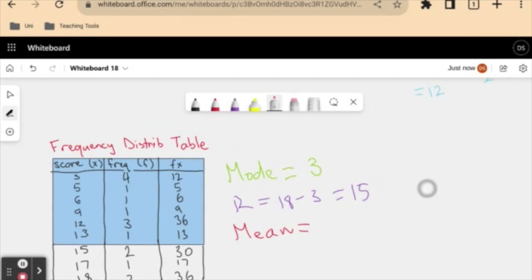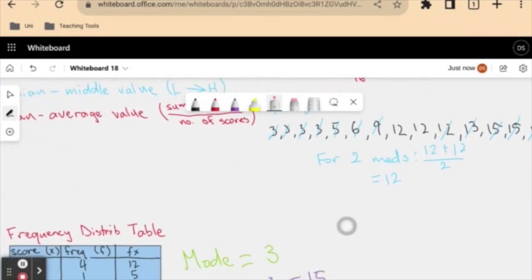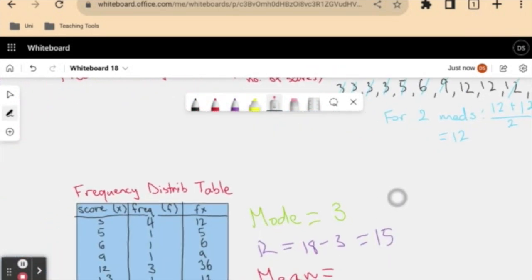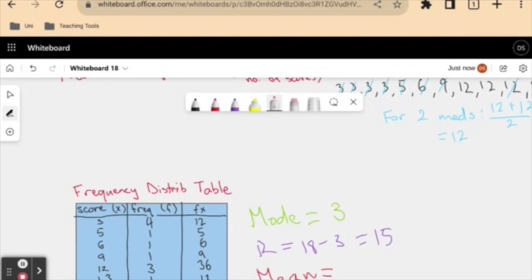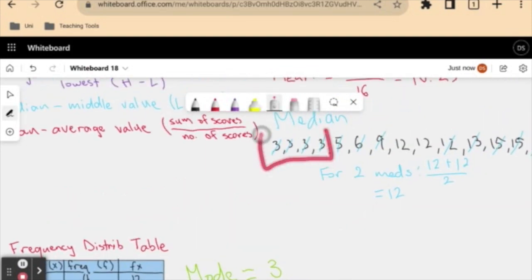Now, why? Well, here, this was the same as our fx here, which is 12, right? This is just telling us, well, we have 3, and that happens 4 times. So we have 4 lots of 3.